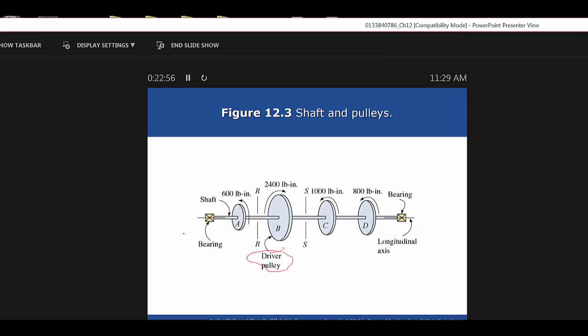So the solution: note that pulley B is the driver. The other pulleys are power takeoff. So the torque of the 2,400 pounds-inches at B is balanced by the three torques of 600, 1,000, and 800 at A, C, and D respectively, which are in the opposite direction. So, in other words, that thing's in equilibrium, right?